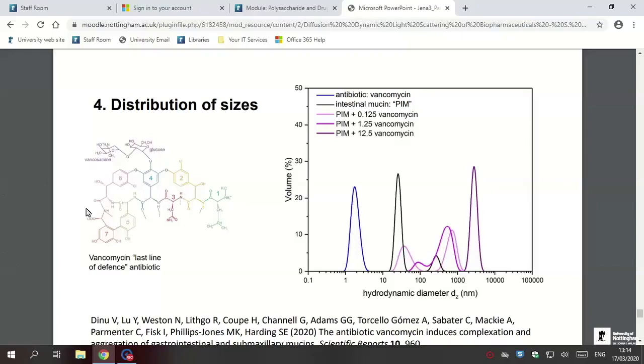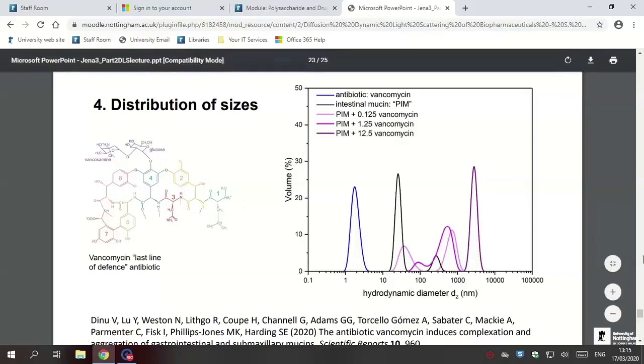And vancomycin is quite an interesting molecule. It's got these sugar residues here on this peptide backbone. So how would it get on with a mucin molecule, which is a large molecule, protein backbone, and loads of sugar chains coming off, so 80% of the molecule is sugar. So how would these two molecules interact?